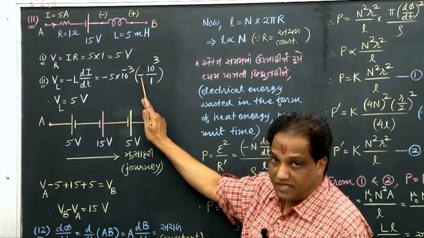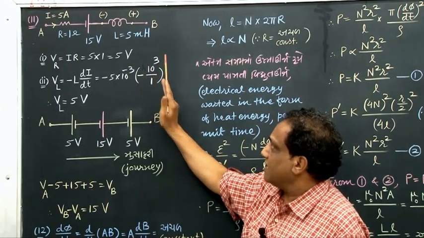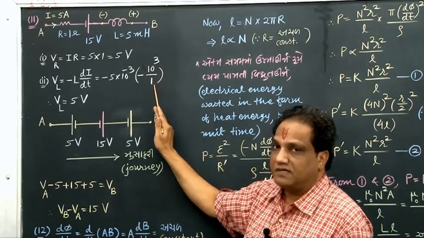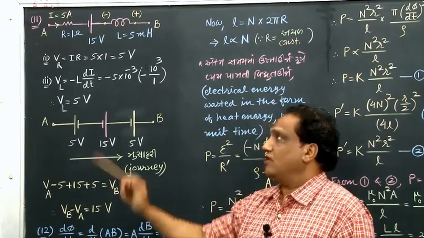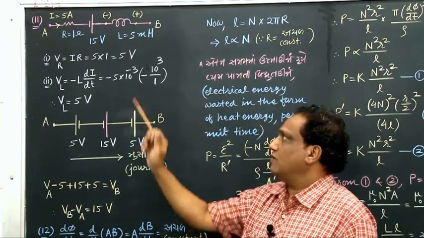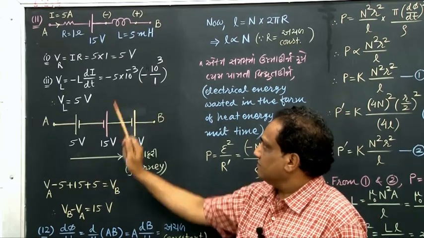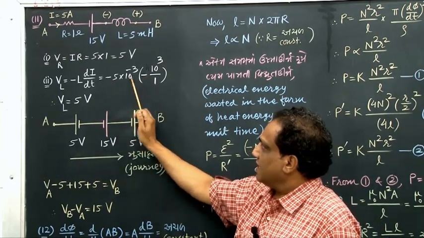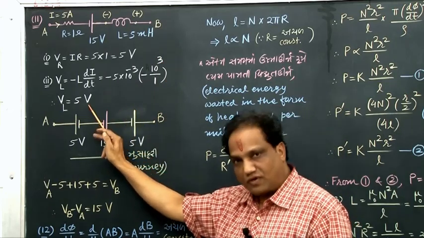Because current decreases with time, I am putting that rate as negative 10 raised to 3 ampere per 1 second. Had it been increasing with time, we could have written a plus sign, but right now current is decreasing with time, so I am putting the minus sign. Okay, fine. Now tell me, minus minus plus, 10 raised to minus 3 and 10 raised to plus 3 will cancel, giving you 5 volt. Okay.